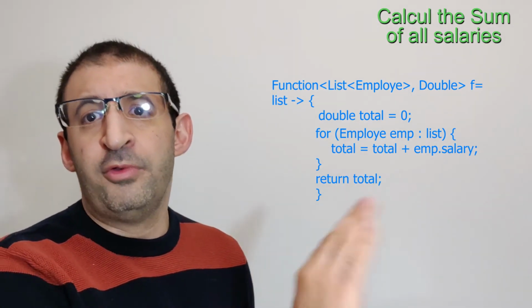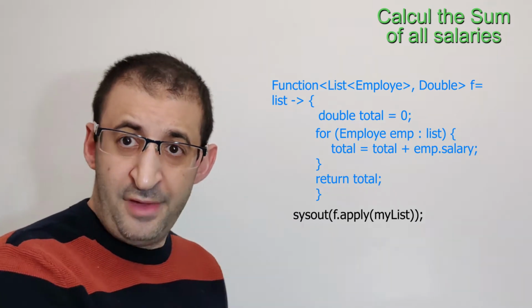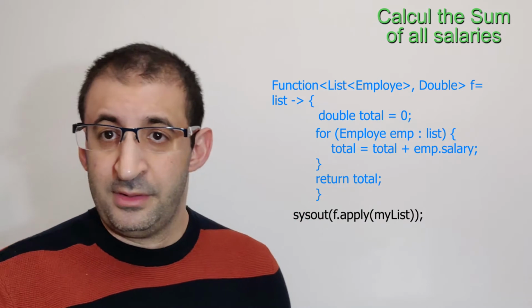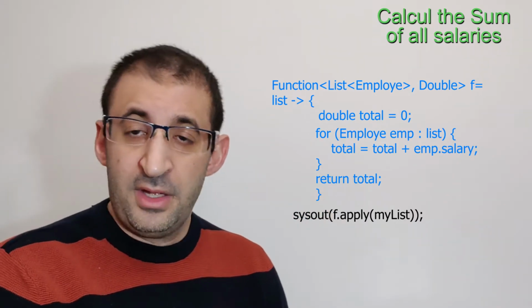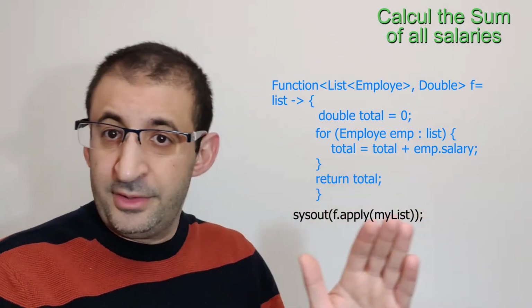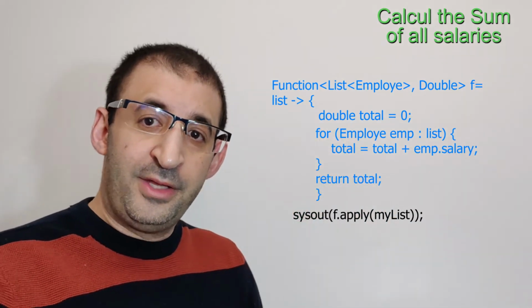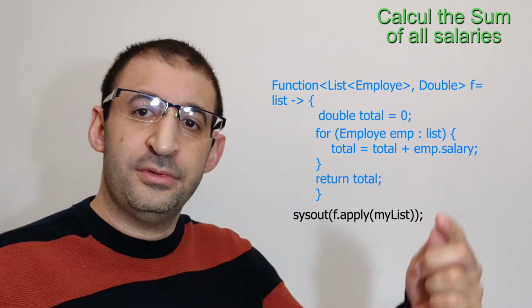After that I make System.out.println of f.apply with my list that I have created before. So let's go to the computer to see what we got, and I will come back to make a second example with the same class Employee. So let's go.